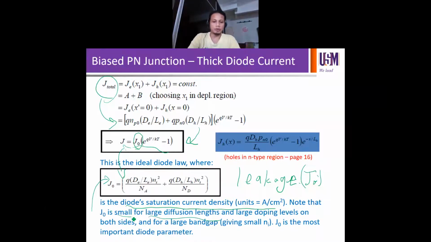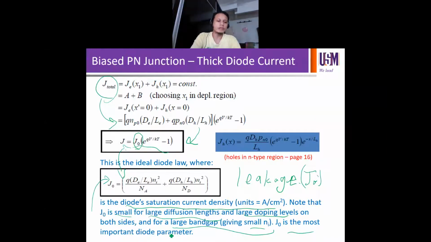And also large doping level. So you also need to have large Na or Nd on both sides to be able to get low J naught. And for a large band gap as well, if you have a large band gap, it typically will result in small Ni. So J naught is the most important diode parameter.